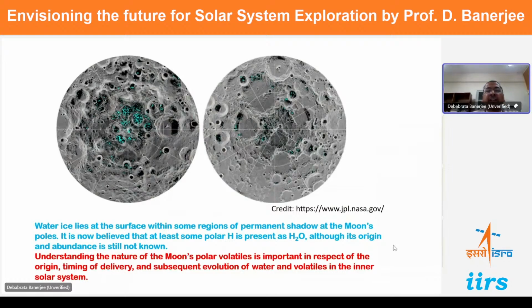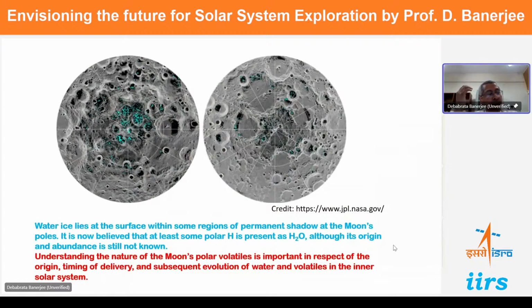So volatiles are transported from the warm sunlit regions to the polar regions. There is a theory of transport, and then these permanently shadowed regions can store volatiles for very long periods, for billions of years. And now it is believed that this is a major discovery.